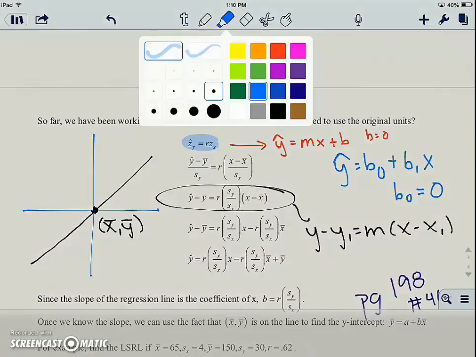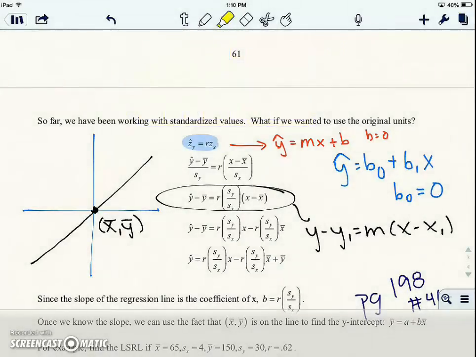And since we know that the only point that the line of best fit has to go through is x bar, y bar, that's right there. And we've also learned that the slope of the line of best fit is r times the standard deviation of y over the standard deviation of x. This last little bit is just showing you how you could solve for it.